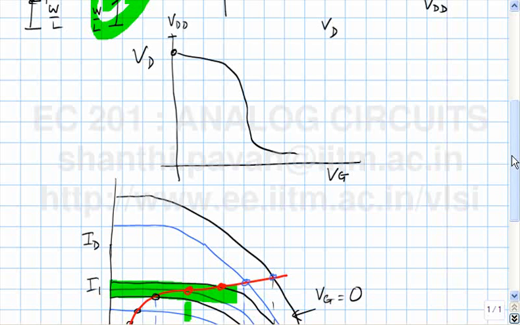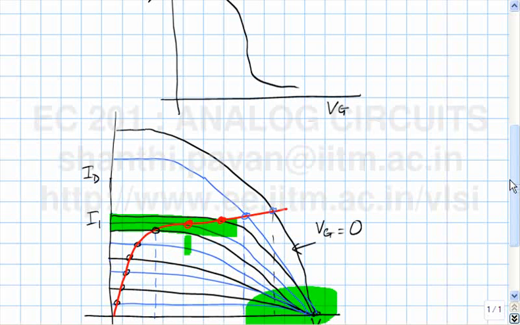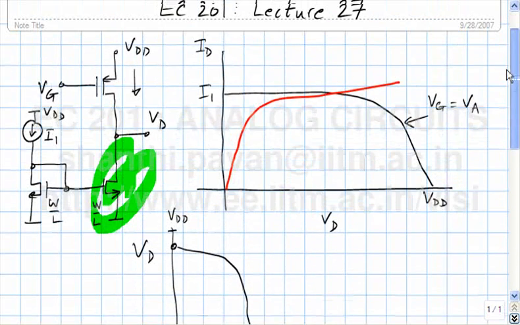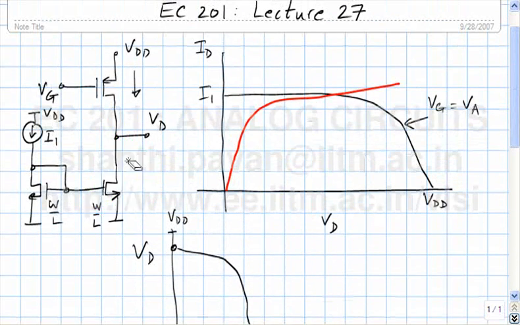will this go to 0 at all? What happens as I go on increasing Vg, eventually what will happen to the PMOS transistor? So as Vg goes higher and higher, what do you think will happen to the PMOS transistor?